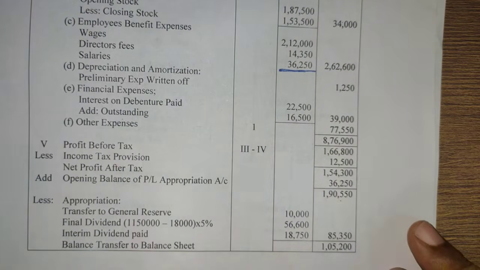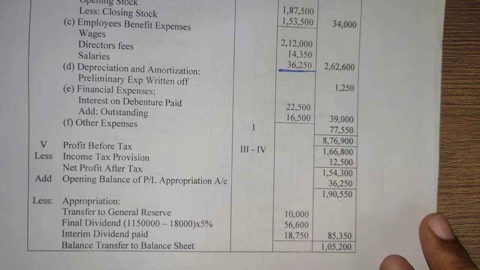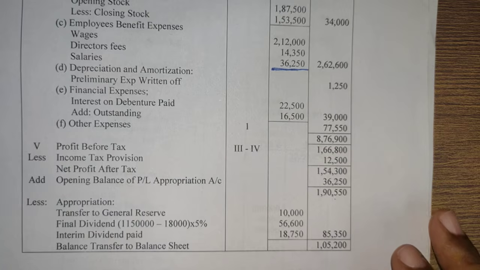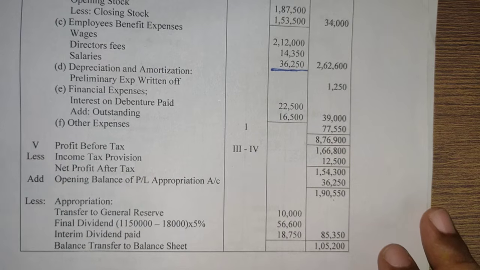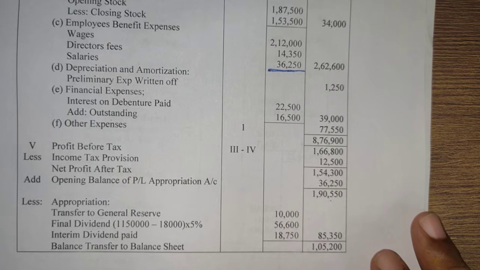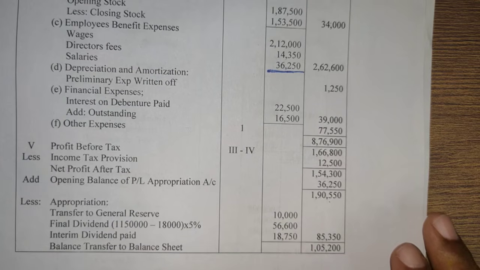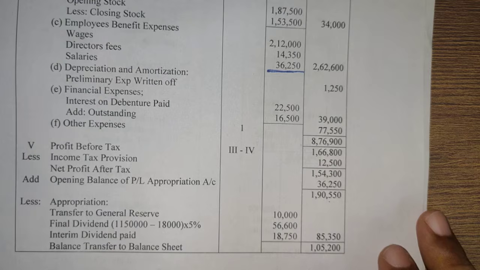This is the amortization amount. Then after that, financial expenses, that means interest on long-term debt, and in our trial balance we have debentures as long-term debt. Frequently, in all the examples of final accounts, we will find this entry of debentures, and normally there is a hidden adjustment in every example, that is debenture interest, interest on the long-term loan taken by the company.